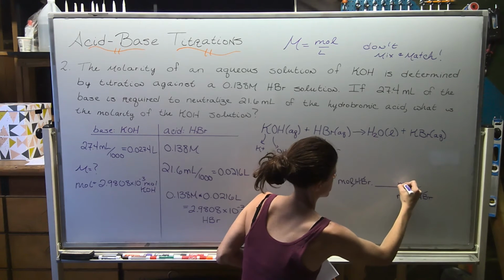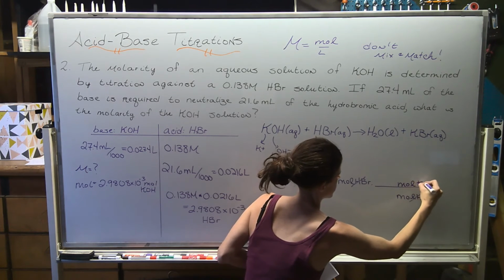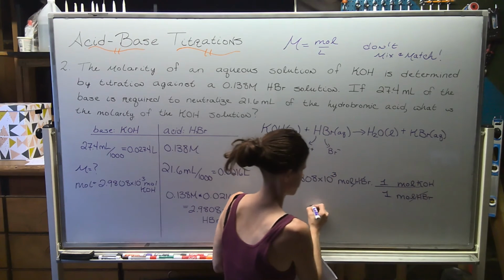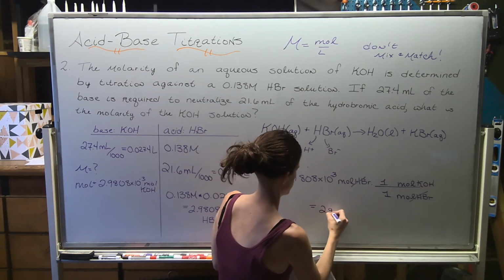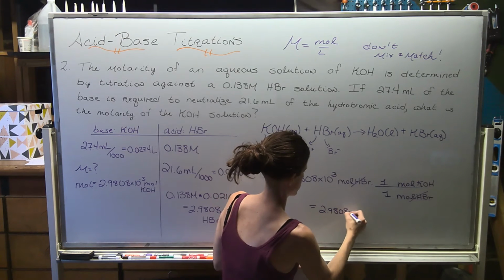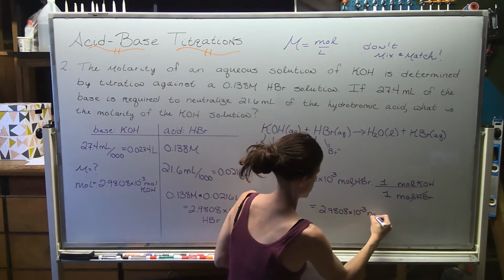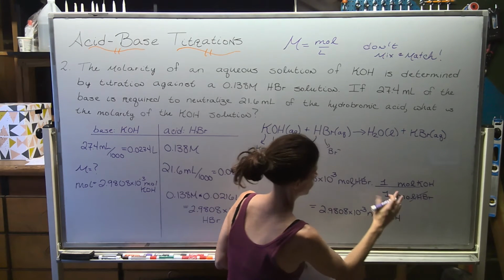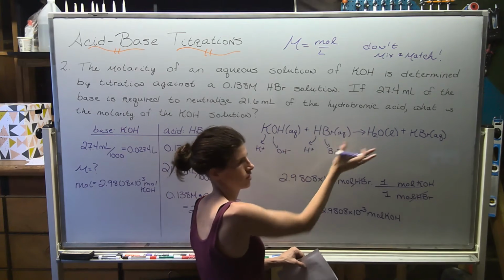Turn it into moles of potassium hydroxide. And I'm going to fill in the fact that they're 1 to 1, with the 1 to 1 coming from the coefficients of the balanced equation.